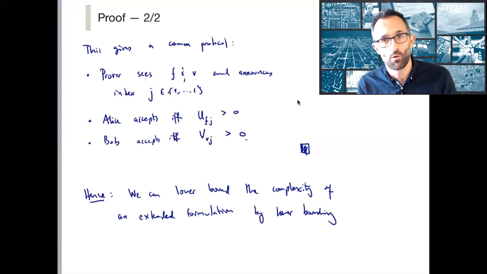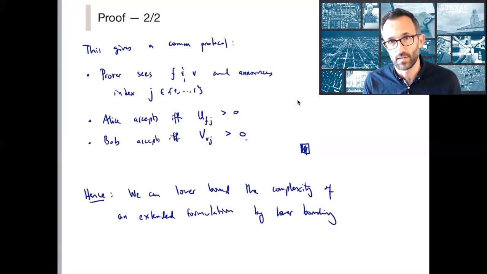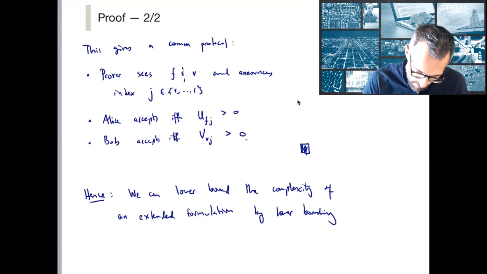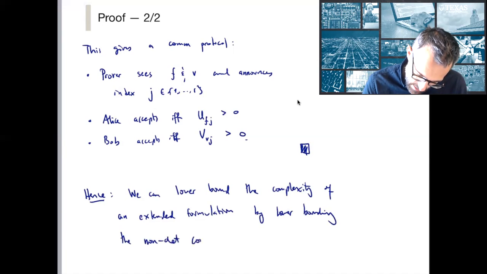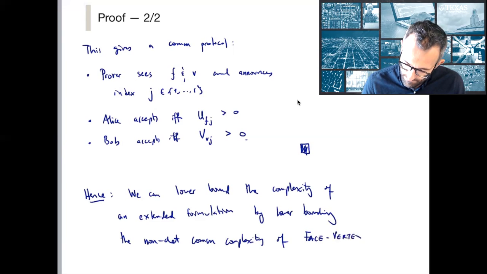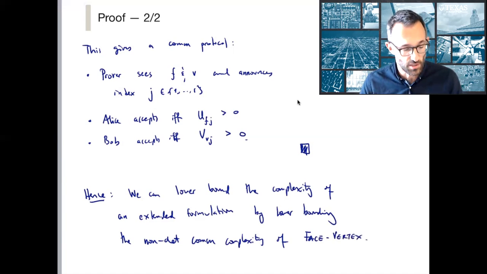And we can try to lower bound the communication complexity. And that will, through this lemma, imply a lower bound on the extension complexity, by lower bounding the non-deterministic communication complexity of FACE VERTEX. And we're going to see how we're going to use this.